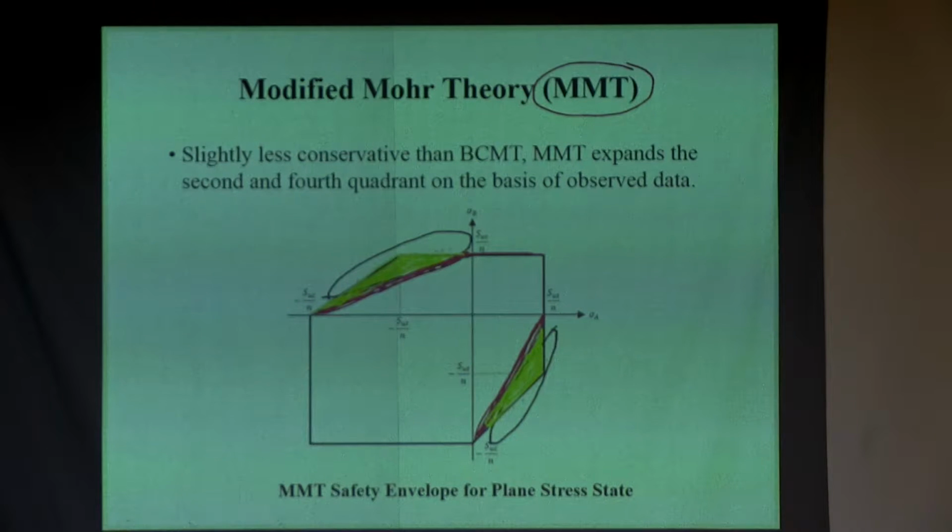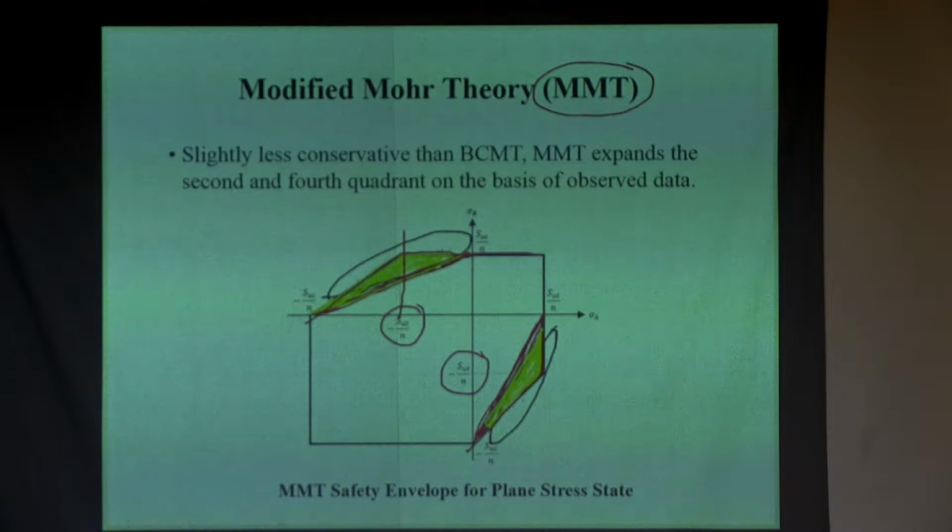So it replaces this line by two straight lines, this and that. And it does the same thing here, two straight lines here and right there. So what is that point? That is negative S of ut divided by n, right there. So that forms the basis of these two.